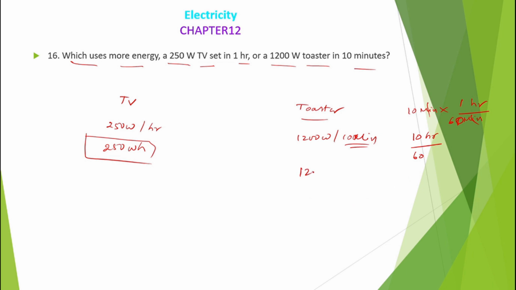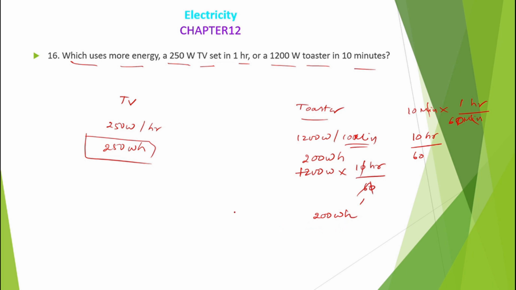Now 1200 watt into 10 hour divided by 60. 0 cancel, 6 1s are 6, 6 2s are 12. So we got 200 watt hour.